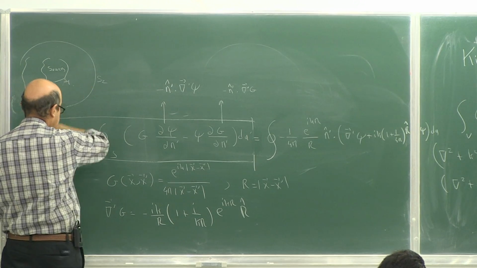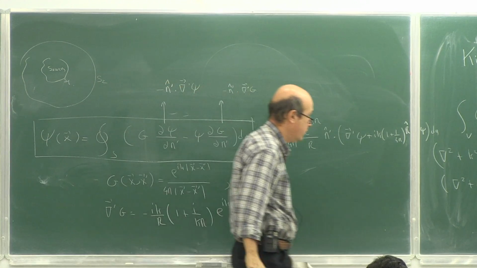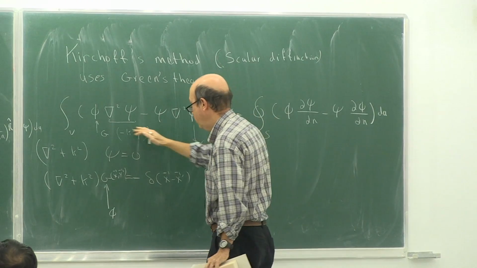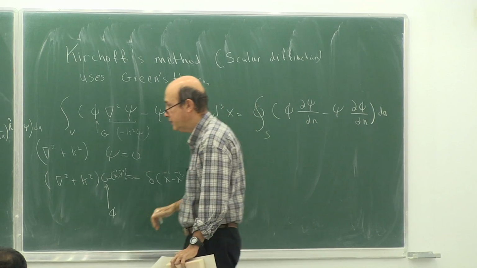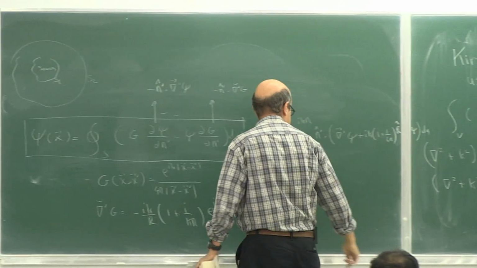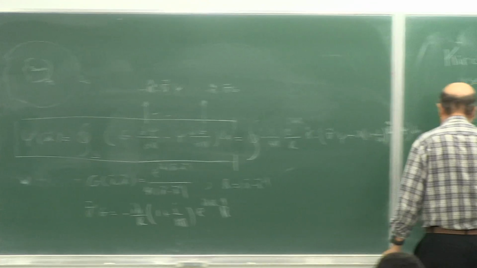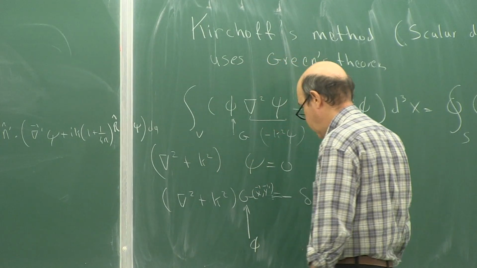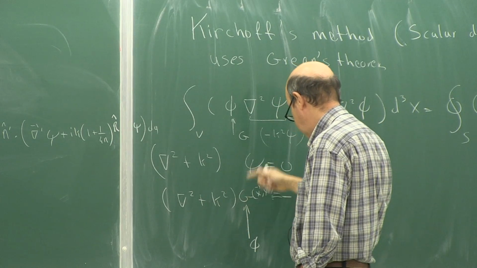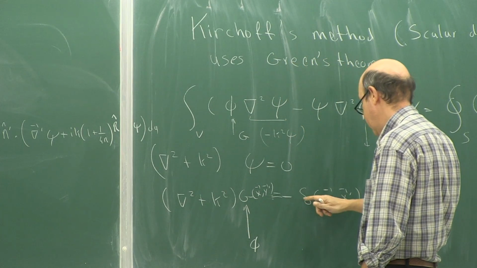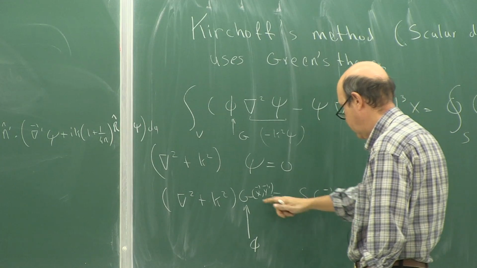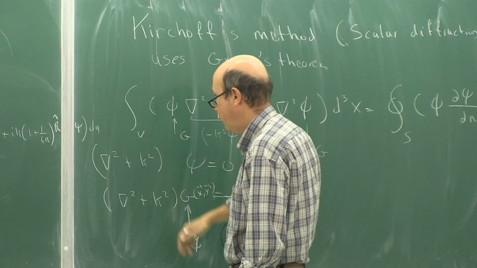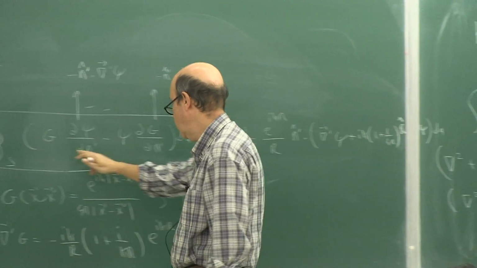So you have some electromagnetic waves and some boundary conditions. Green's theorem tells you a relation between the volume integral and the surface integral. If you apply this Green's theorem to a wave equation, let's say the Laplacian plus k square phi is equal to 0, and if it is non-homogeneous, if the source is a delta function, the solution is the Green's function. Then you have the following format.